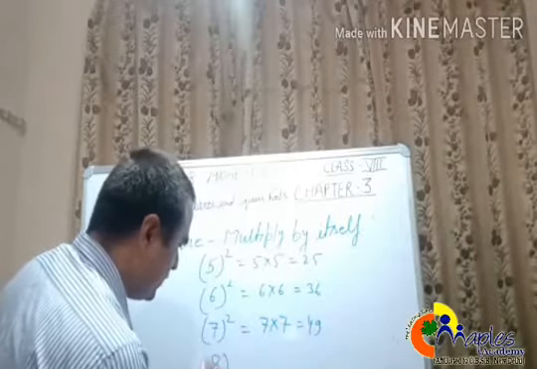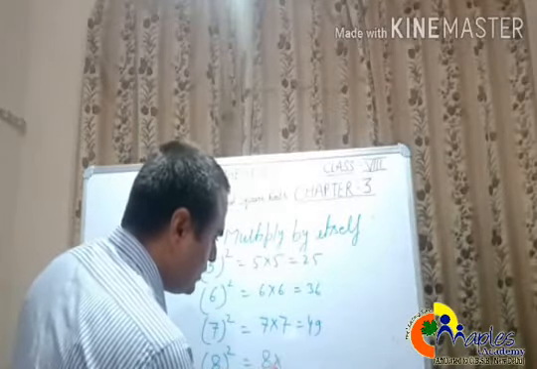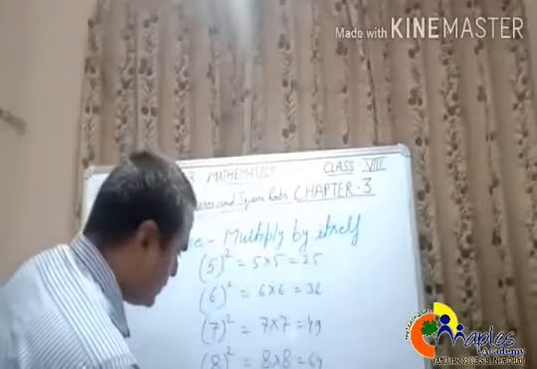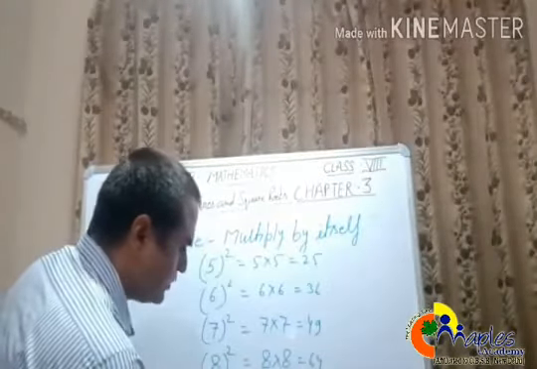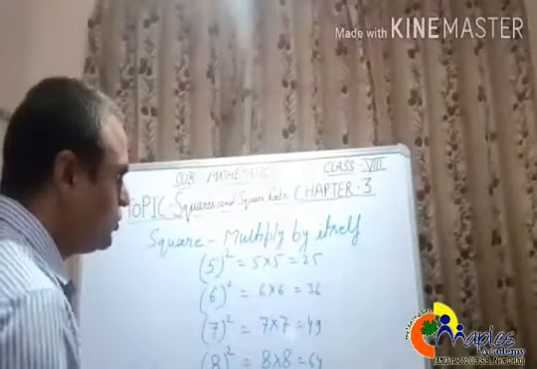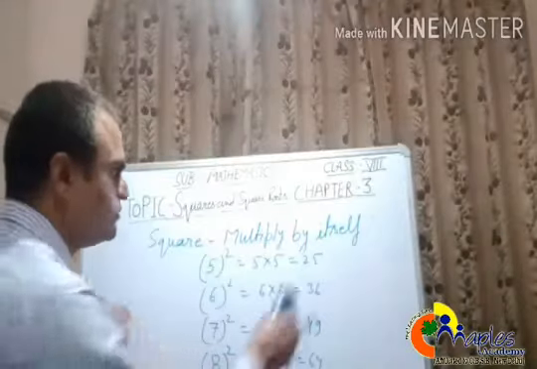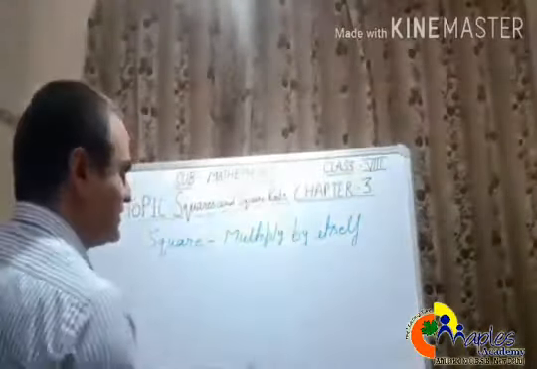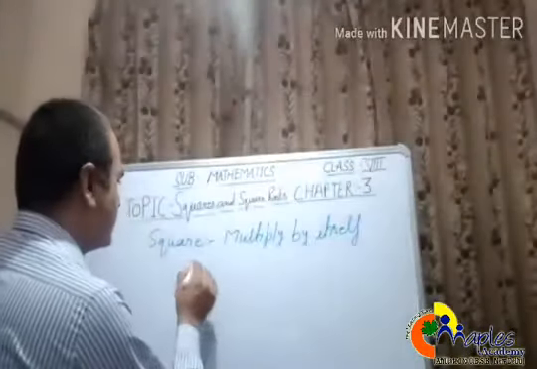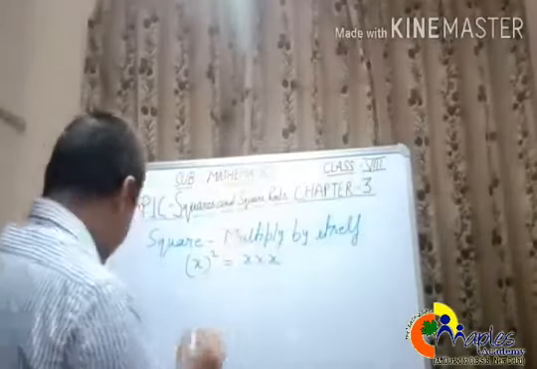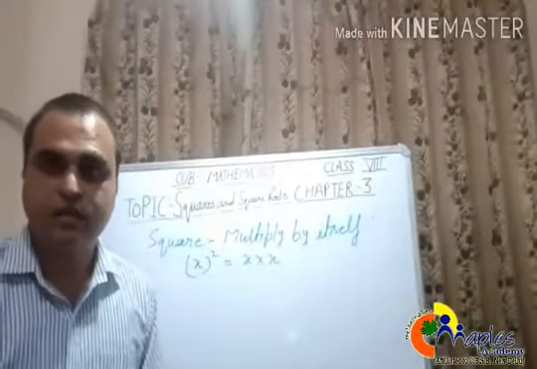What is the square of 8? 8 into 8 is 64. And what is the square of 9? 9 square equals 9 multiplied by 9, which is 81. So by this process we can say that if we calculate the square of x, it means the number x multiplied by x again.